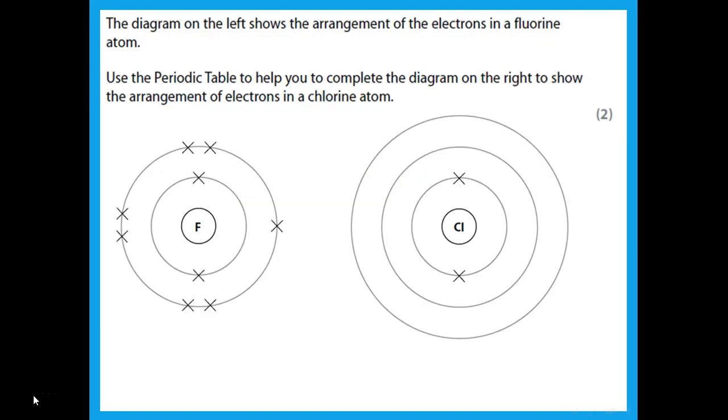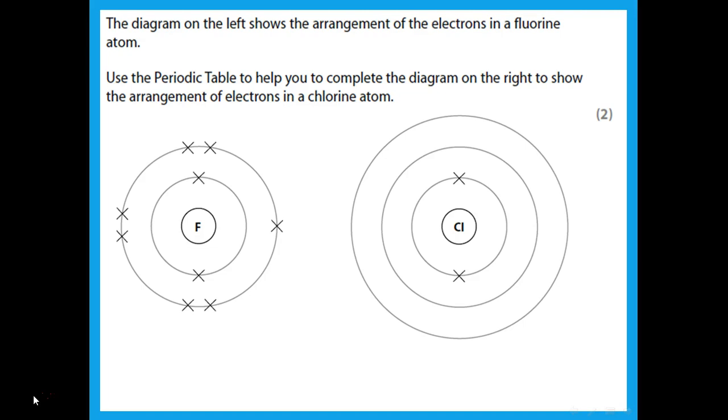Okay? The diagram on the left shows the arrangement of the electrons in a fluorine atom. So fluorine has an atomic number of 9 from your periodic table. So he distributed it 2 and 7. Use the periodic table to help you to complete the diagram on the right. Now, if you look at chlorine in the periodic table, chlorine has a small number 17.